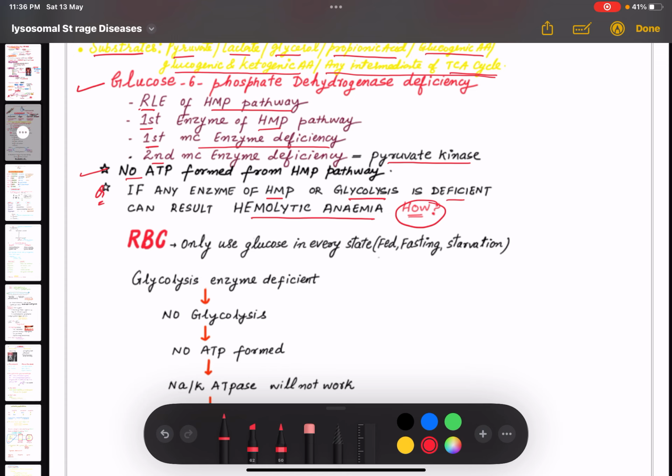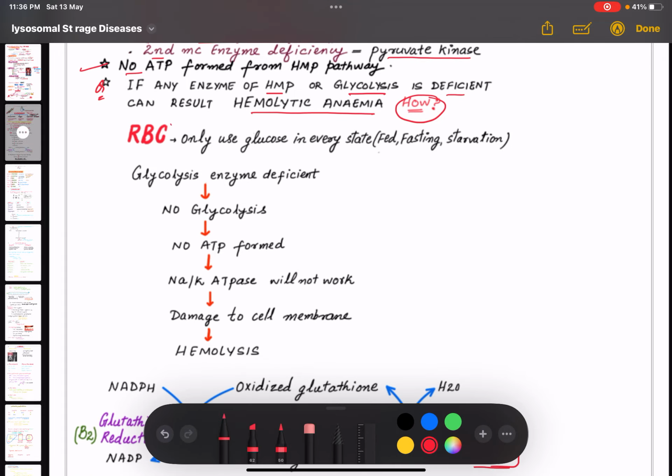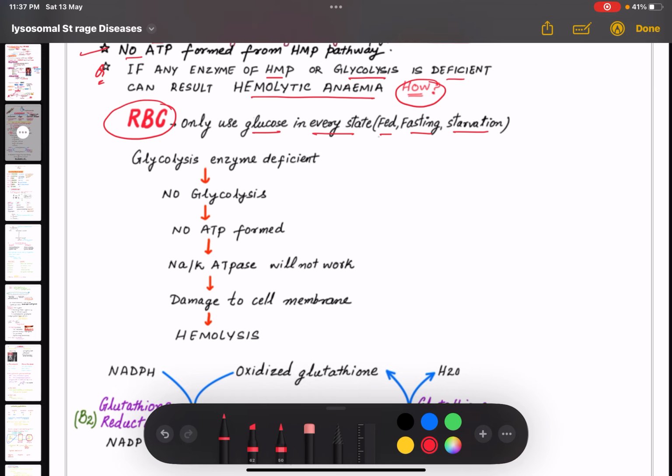Let's see. We know that RBC only uses glucose in every state, whether the RBC is in the fed state, fasting state, or starvation, or any state you are. RBC always uses glucose. Let's see glycolysis enzyme deficient. If there is a glycolysis enzyme deficient, glycolysis will not occur.